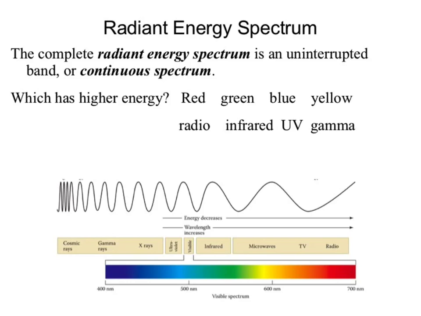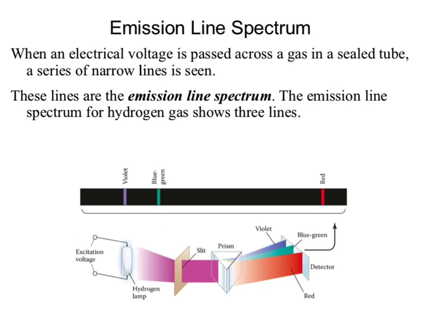It is all of them. Once all of those colors impact my eye, I see that as white light. But I can pass that white light through a prism, and I can see the rainbow. I can see the full spectrum of light.